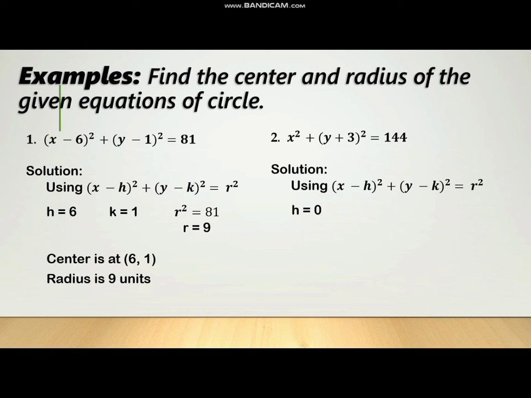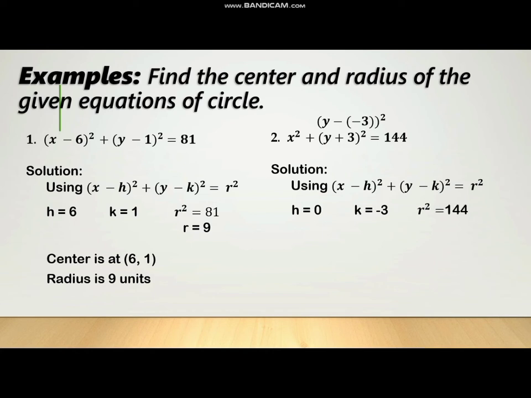Ang katumbas niyan para mapareho sa ating formula na minus k, yan ay y minus negative 3 squared. So, ibig sabihin, ang h natin ay 0 kasi x squared lang yan. And then, ang k ninyo magiging negative 3 instead of positive 3 kasi ang given natin ay plus, opposite sign lang.